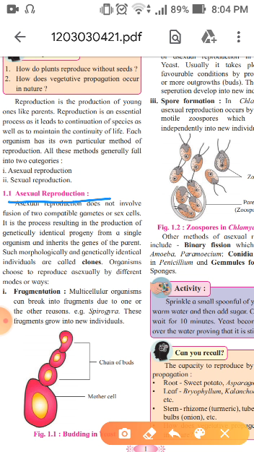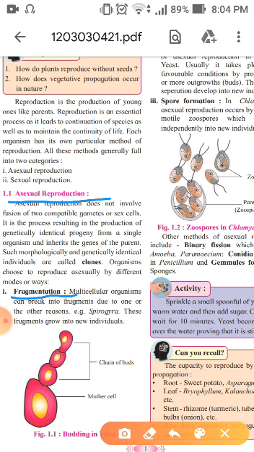So our first method is fragmentation. Now what is the meaning of fragmentation? Fragments means small pieces. Just like one thing can break down into small pieces, those pieces are known as fragments. And from that fragment, a new individual will reproduce.